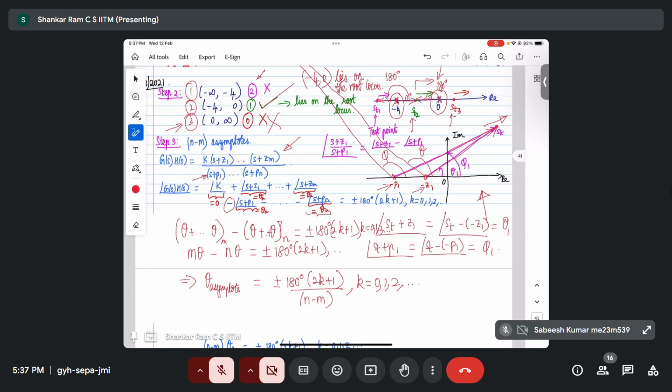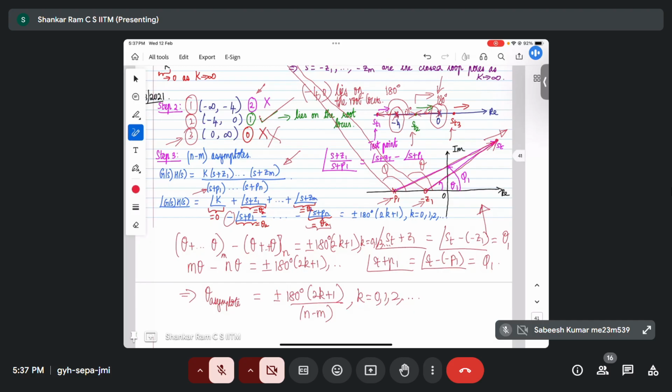Yes, sir. Once again, please. So once again, we look at this open loop transfer function G(s)H(s), which is K times s plus z1 all the way till s plus zm divided by s plus p1 all the way till s plus pn. So if we look at the angle condition, the angle made by each of these factors should be an odd multiple of 180 degrees.